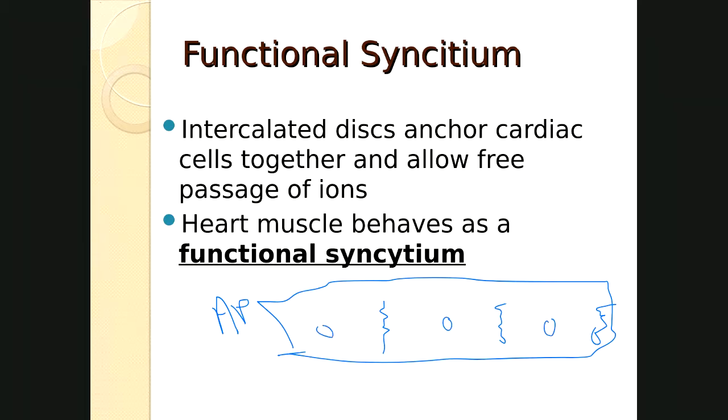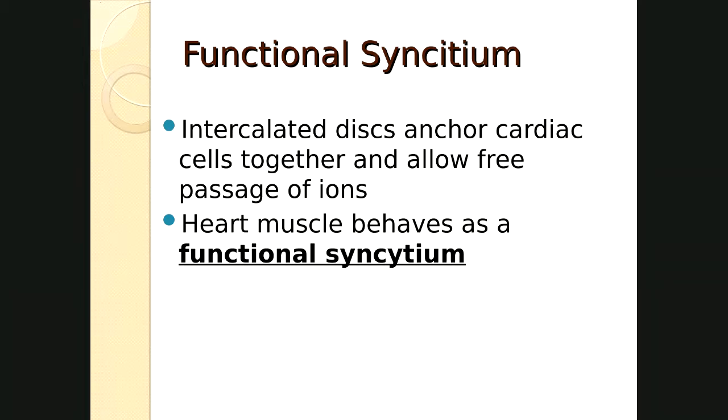If this one goes through an action potential, it forces that one to go through an action potential. And that one forces that one to go through an action potential. Remember, it acts like a unit. It acts like this one big cell. That's why it's called a functional syncytium.